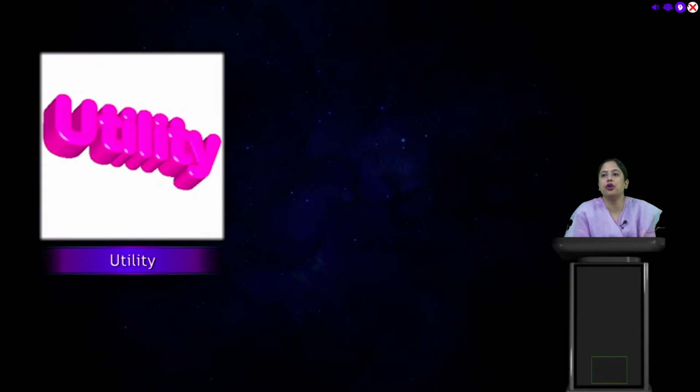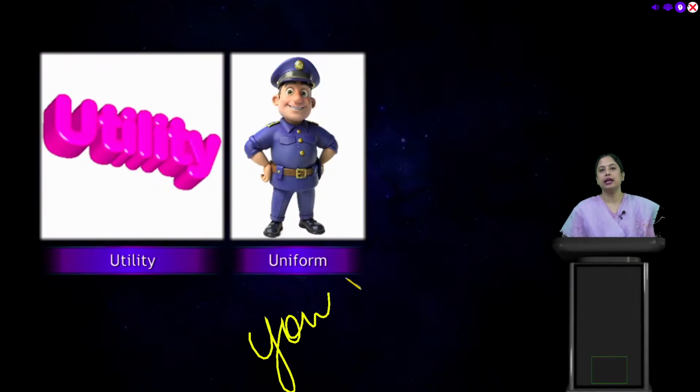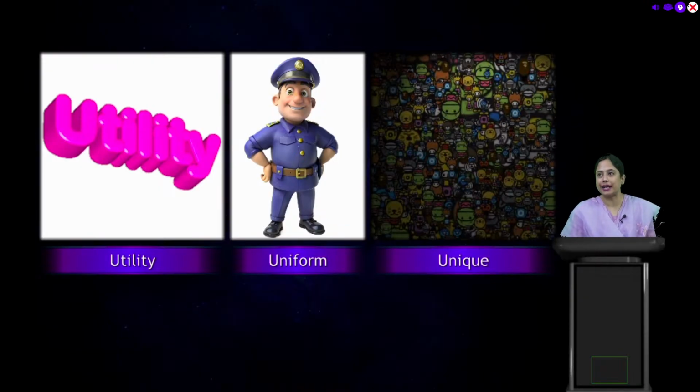We have one more long U sound, which is utility. Utility. One more: uniform. So when we say these words, here the letter U produces the U sound, as in Y-O-U. Utility, uniform, unique.